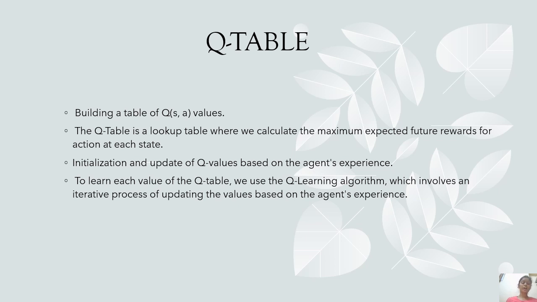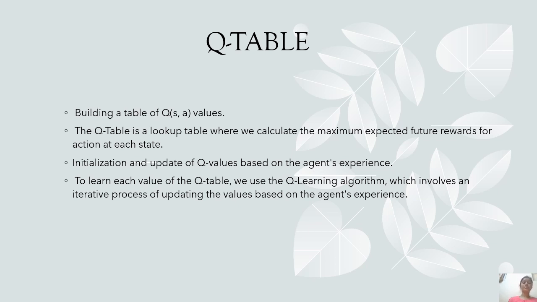Initialization and update of Q values based on the agent's experience. To learn each value of the Q table, we use the Q-learning algorithm, which involves an iterative process of updating the values based on the agent's experience.